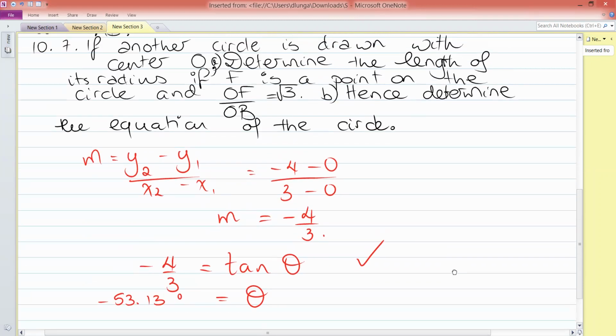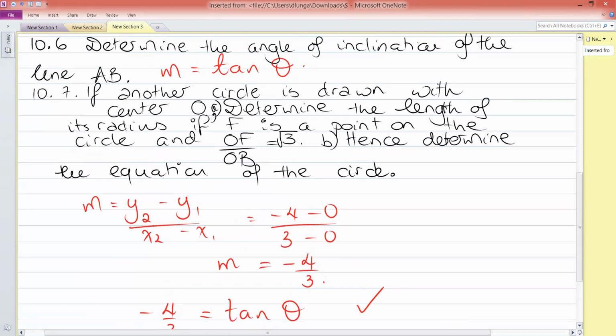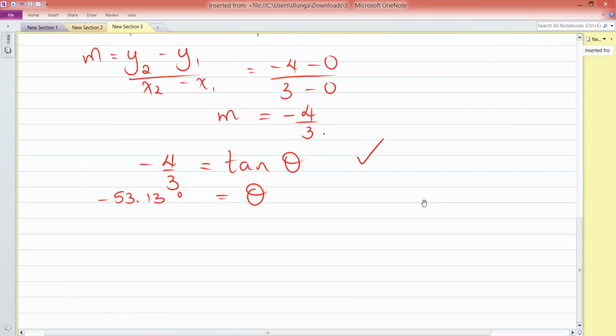Is this the correct answer? No. So what should I do to get to the correct answer? Add 180. Plus 180, which then gives us 126,87.